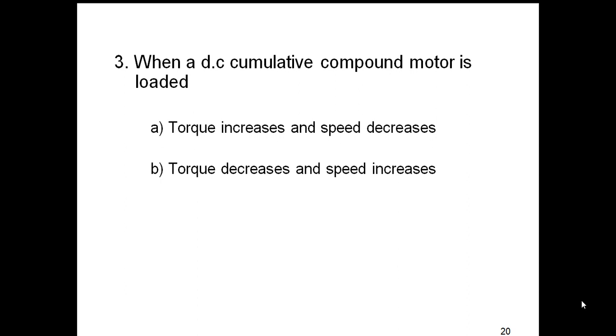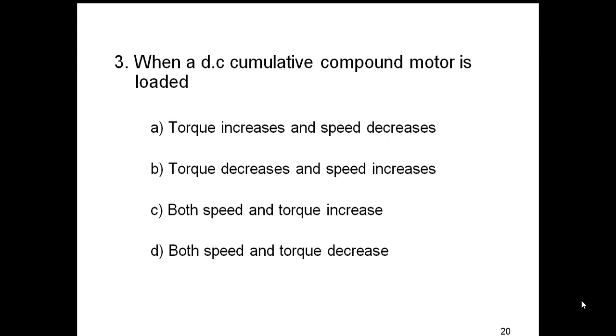Option B is torque decreases and speed increases. And option C is both speed and torque increase. And D is both speed and torque decrease. Yes, the answer is torque increases and speed gets reduced.